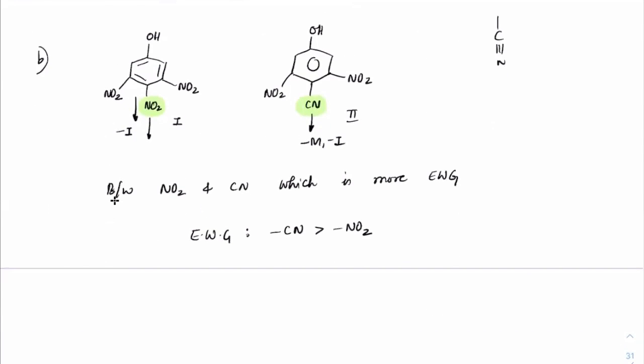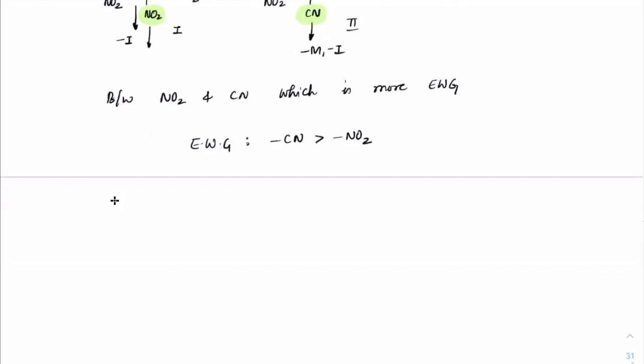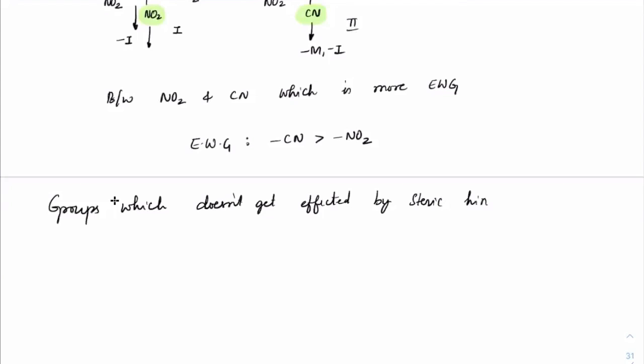Clear? So now we need to understand which particular groups will not show SIR effect, and which particular groups will show SIR effect. Okay. So groups which do not get affected by steric hindrance, those groups are OH, got it, cyanide, fluorine, chlorine.